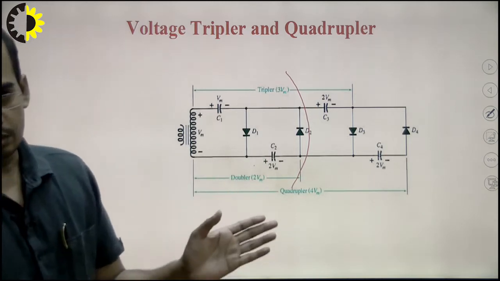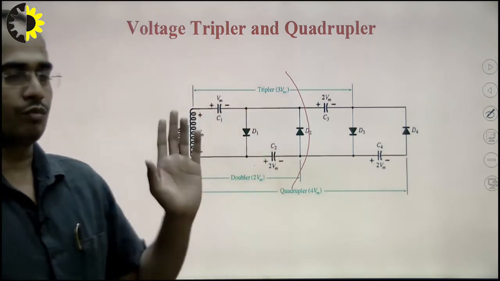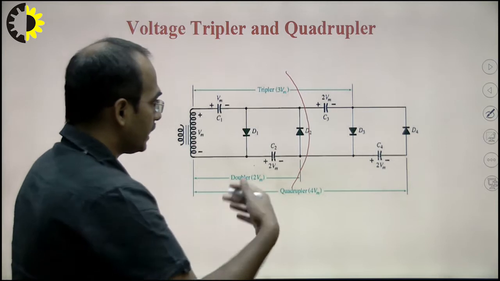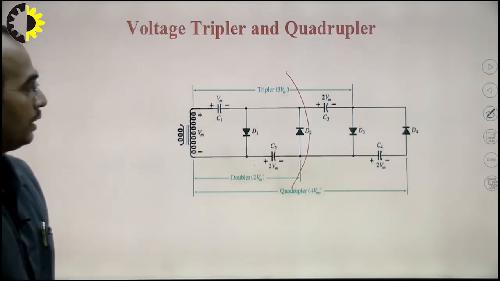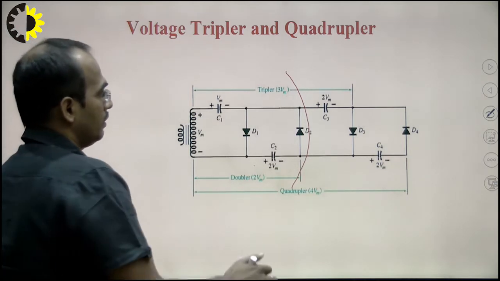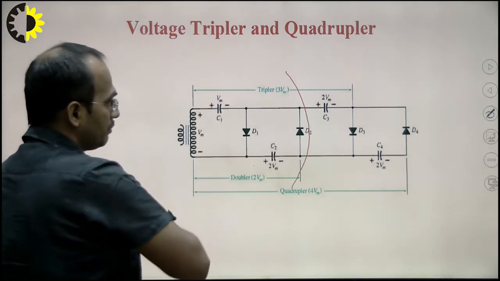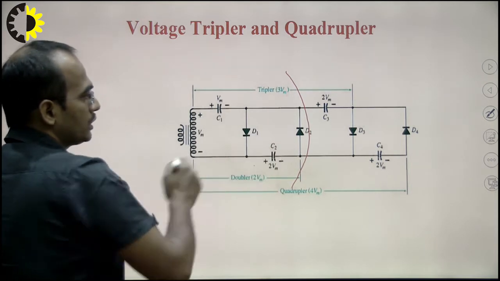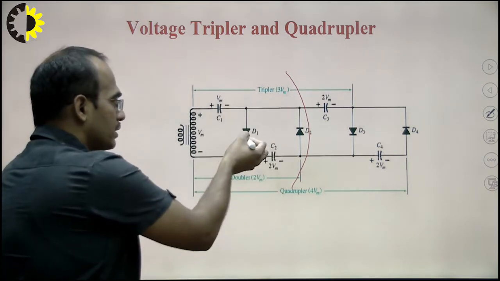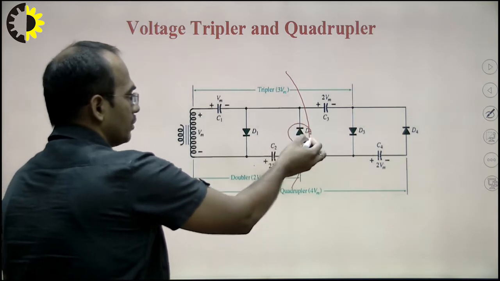This has been shown in the previous voltage doubler circuit. How has this voltage doubler circuit been constructed? Capacitor C1 is connected in this branch, and in the opposite branch capacitor C2 is connected. The direction of D1 is downward, so I have considered here the direction of D2 upward.